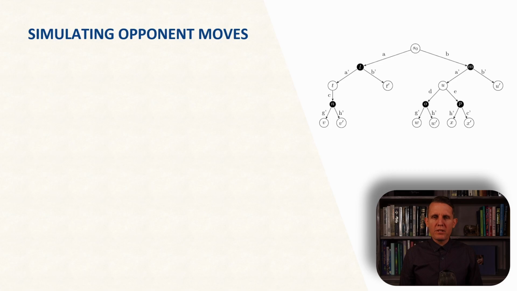This is quite easy because we don't have to think too hard about what our opponent's going to do here, and we just select uniformly between A and B. While it's easy, the problem is it may end up exploring a lot of actions that will never be taken by a good opponent, and therefore we'll get a very poor idea of what a good Q value is for action A and action B. So for example, if a really good opponent would only ever choose action A, but we simulate that the opponent will choose action B 50% of the time, and B is a really good outcome for us, then we'd get a really poor idea of what action A is.